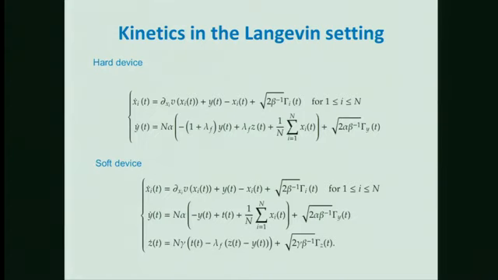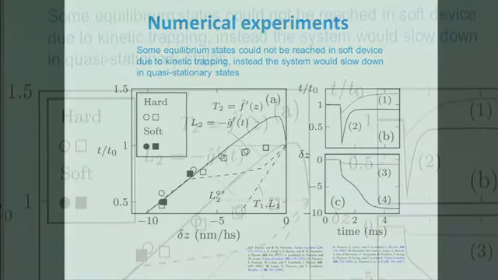Now, let's go back to the fact that kinetics is very slow in a hard device. And of course, we had some evidence that the barriers are drastically different, but we can also try to see it more directly. Instead of computing equilibrium properties, we can model the system by directly simulating stochastic dynamics with a thermal reservoir with a temperature T in hard and soft device.